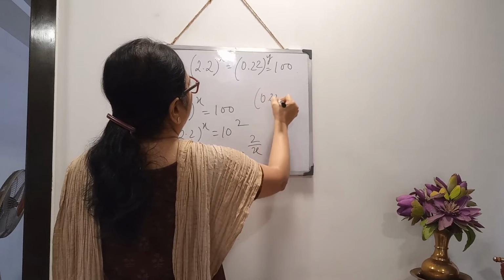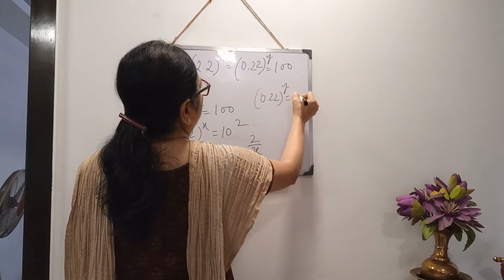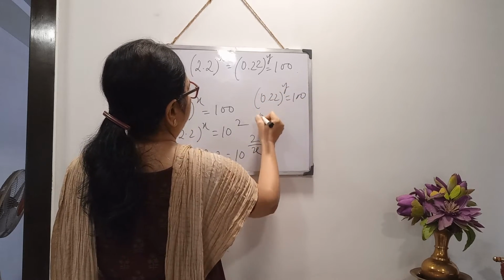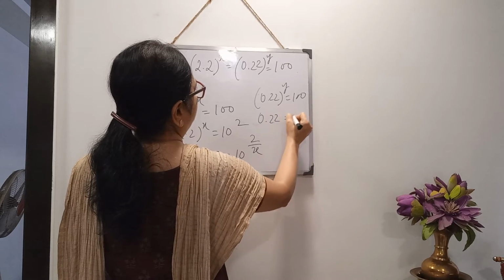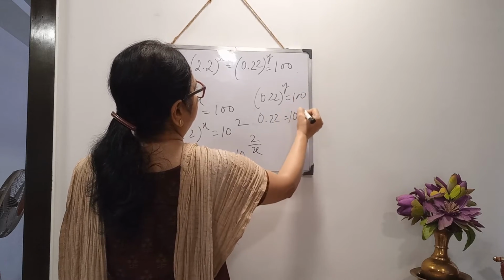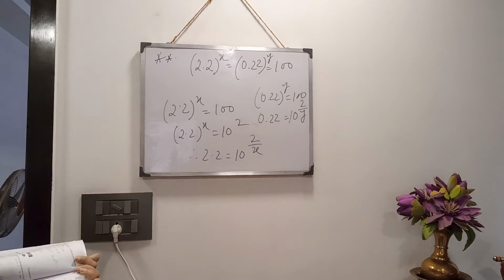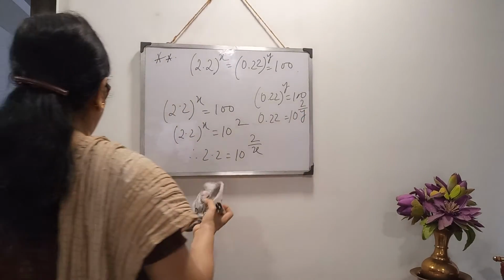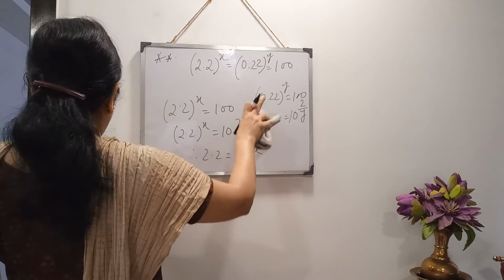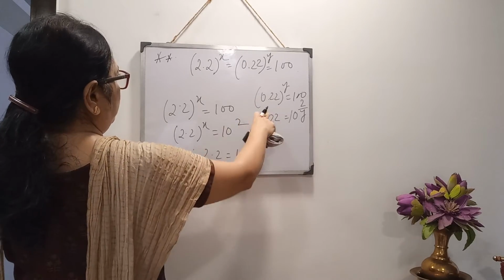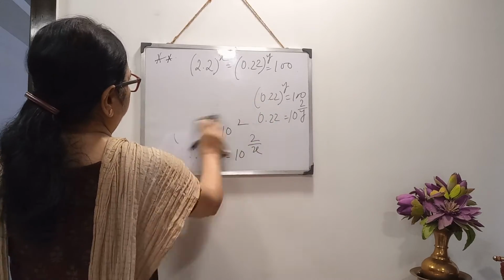Now the next part. 0.22 to the power y equals 100. Same, 100 means 10 square, so 0.22 equals 10 to the power 2 by y. Now what can I do? I will divide the bigger number by the smaller number.